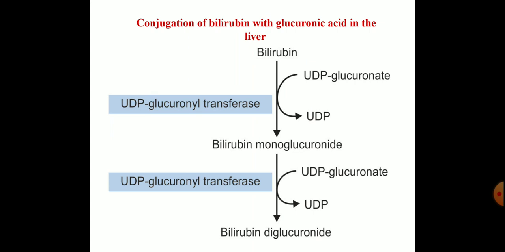This glucuronic acid gets conjugated with the bilirubin in the presence of the enzyme UDP glucuronyl transferase. In the presence of this enzyme, bilirubin gets conjugated with glucuronic acid to form bilirubin monoglucuronide. Another molecule of glucuronic acid gets conjugated in the presence of the same enzyme to form bilirubin diglucuronide. Bilirubin diglucuronide is said to be the conjugated bilirubin.